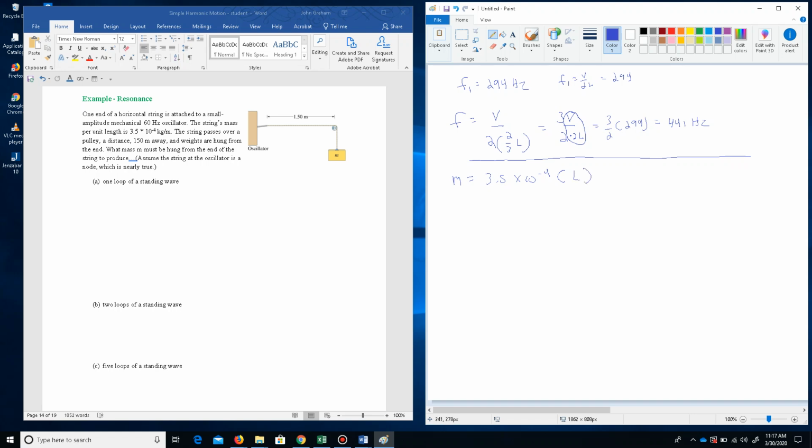So this is kilograms per meter times meter will give you kilograms. Okay, so that's the mass. We're in terms of length. The string passes over a pulley, distance 1.5 meters away.